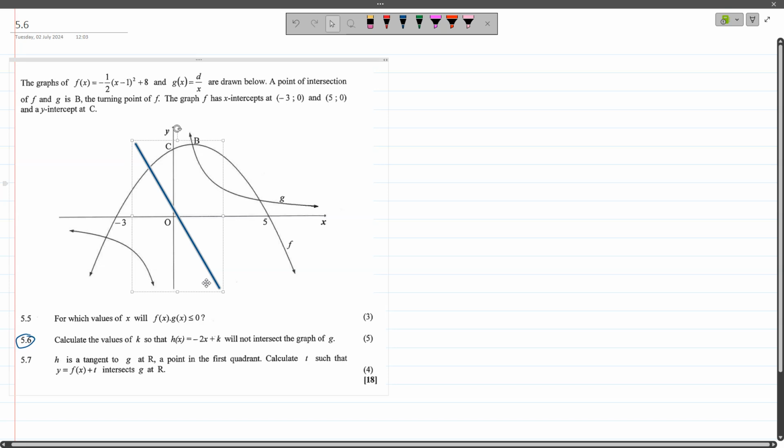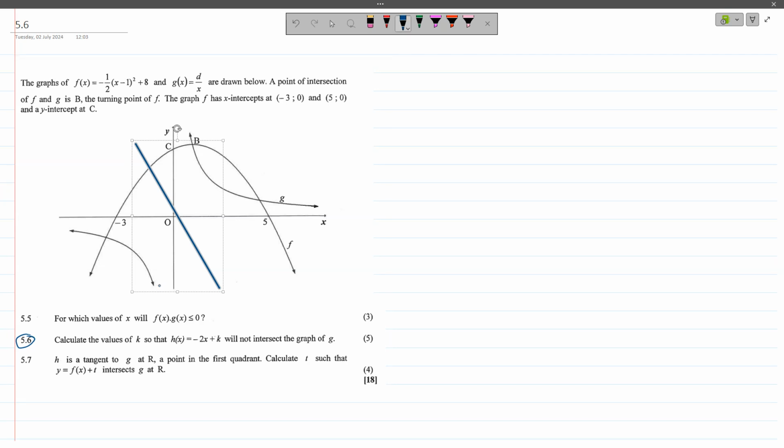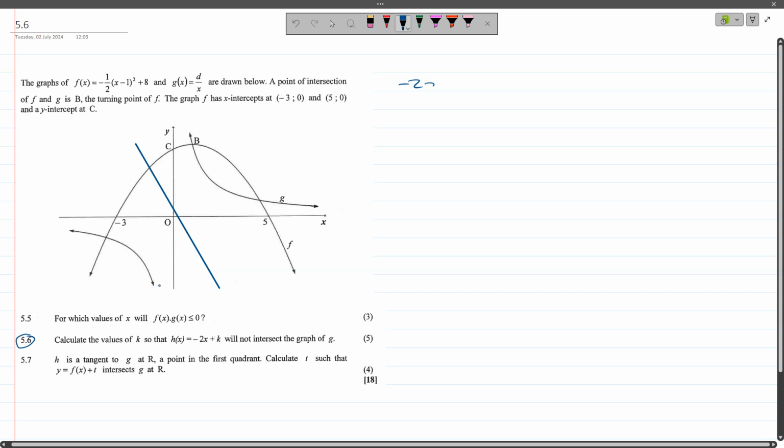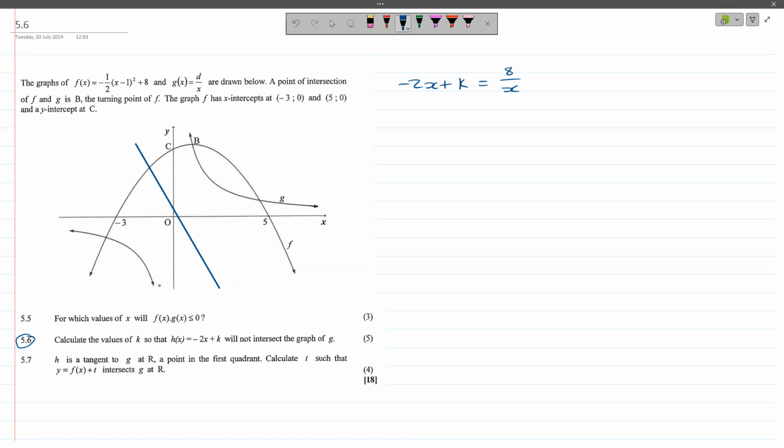So in order to figure this out, we need to first equate the two functions and find out where they meet. So we have minus 2x plus k is equal to 8 over x, since we calculated that d had a value of 8. Then we want to know at what x values will these points meet.